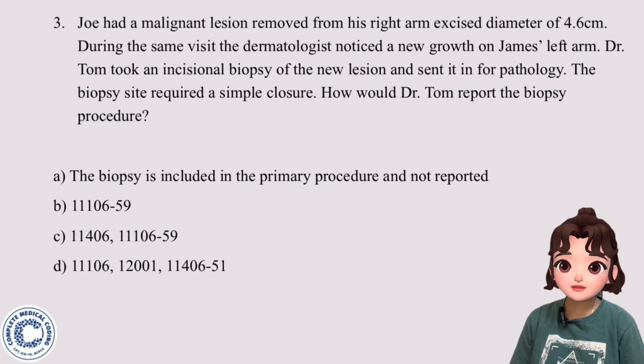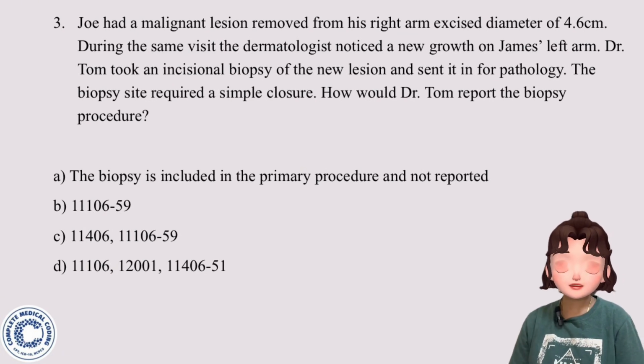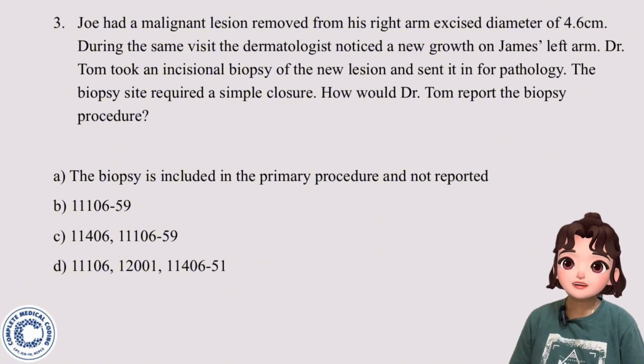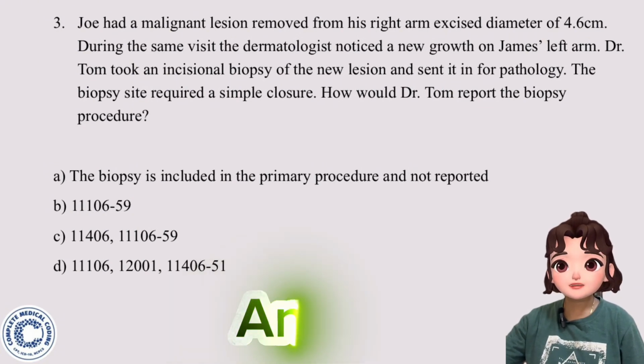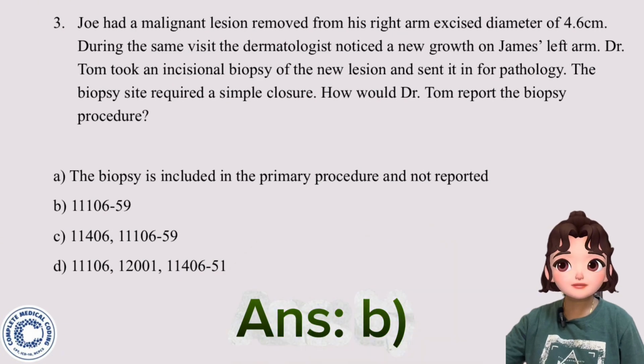So you can't use the code 12001. Also, in the CPT 11106, the description already mentions including simple closure, simple repair, so no need to code separately. And you have to append it with the modifier 59, which represents distinct procedure and service. Okay. So the correct answer is option B, 11106 with modifier 59.